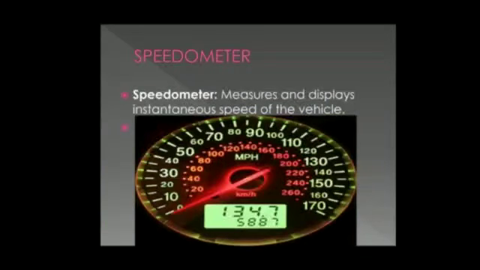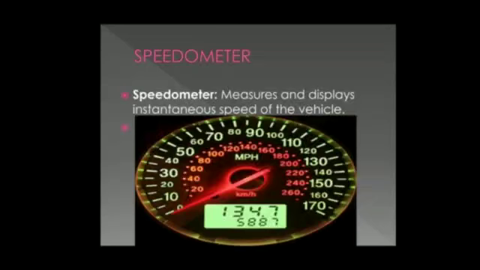Let's see in detail. You might have seen a meter fitted on top of a scooter or a motorcycle. Similarly, meters can be seen on the dashboard of cars, buses and other vehicles. This is called a speedometer.